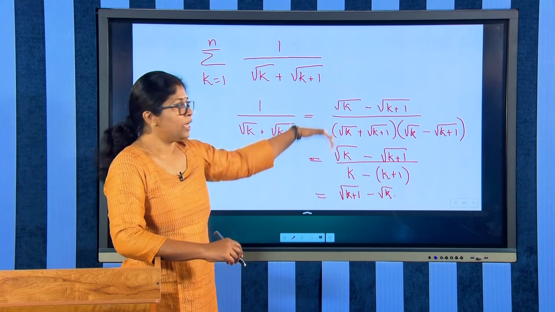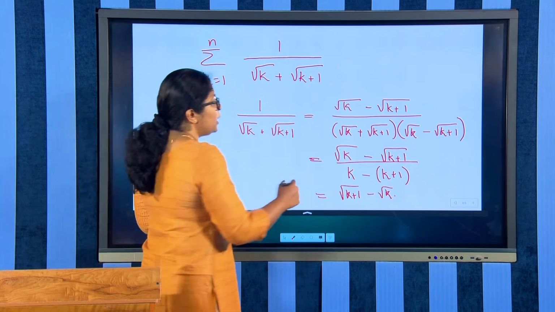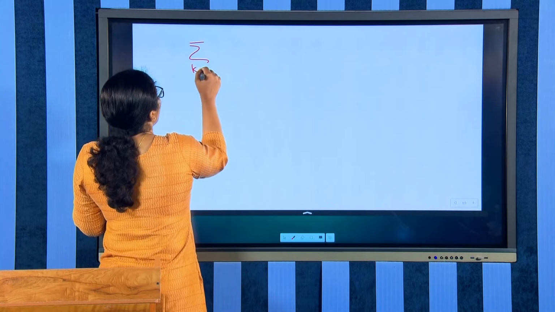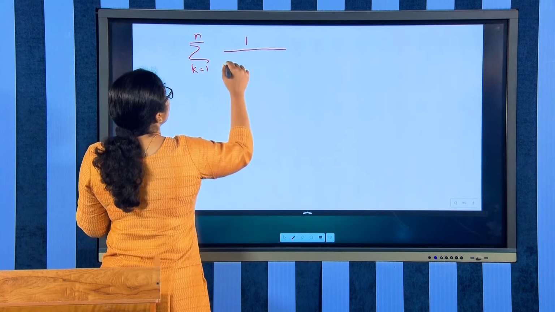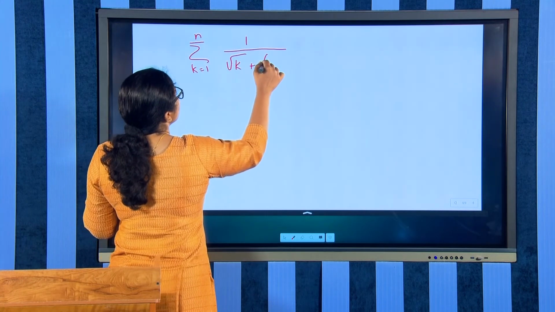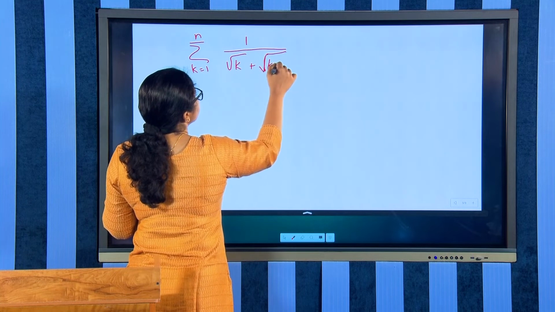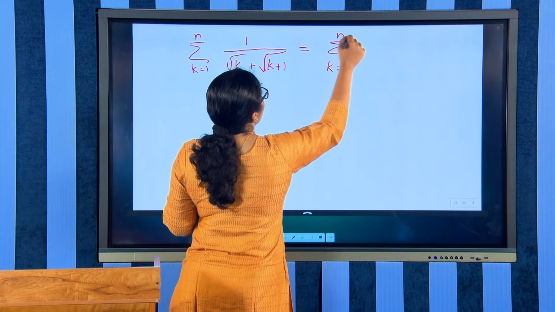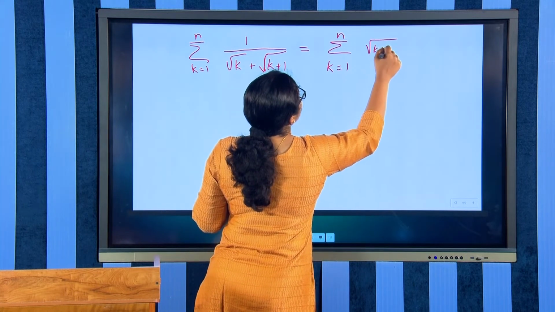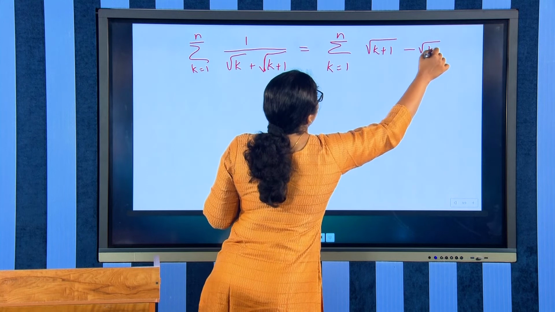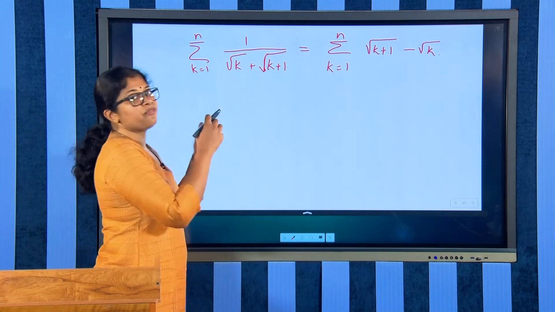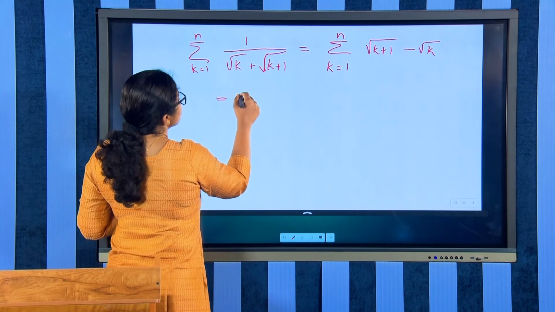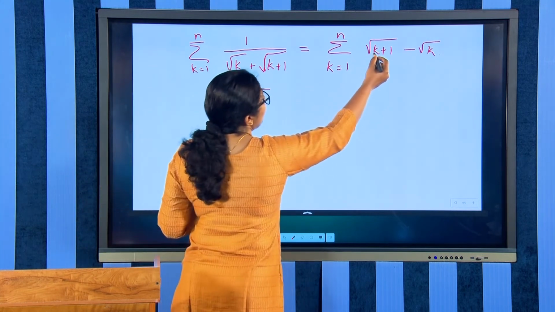So, instead of writing summation k equal to 1 to n of 1 upon root k plus root of k plus 1, we can very well write it as summation k equal to 1 to n of root of k plus 1 minus root k. Now, you put different values for k. So, that is equal to square root of the first value of k is 1.